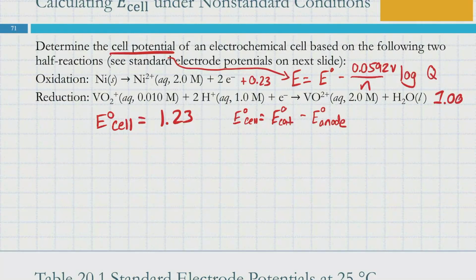We have already flipped the one for our anode from the table, so cathode minus anode works if they're in the same format, the same positive negative that we see in the reduction electrode potential table. If we did it that way, it would be 1.00 minus negative 0.23. So that would be another way to get it.